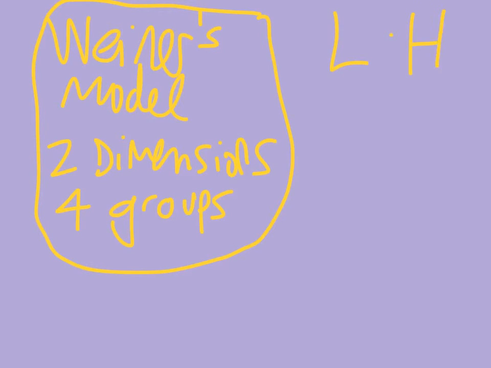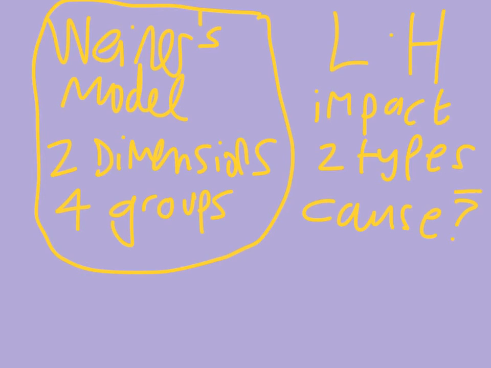Can you define learned helplessness? Can you explain its impact on the behaviour of a performer who suffers from it? And can you name the two types? What attributions cause learned helplessness?